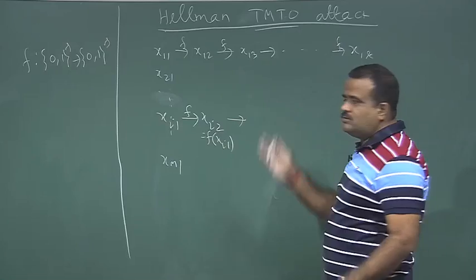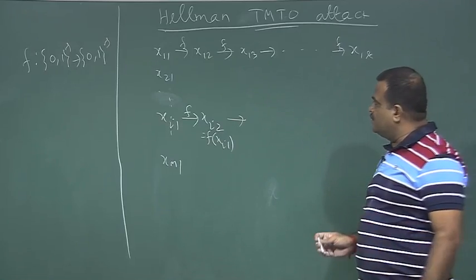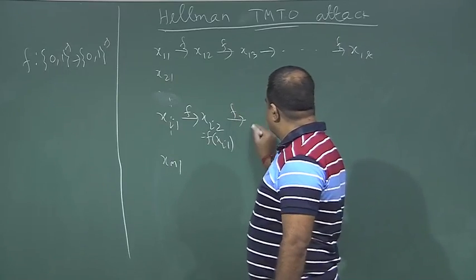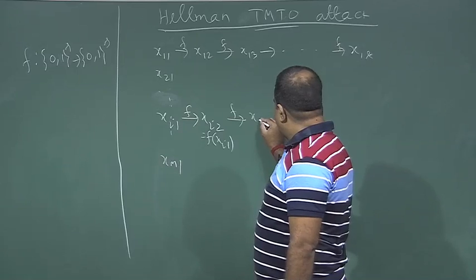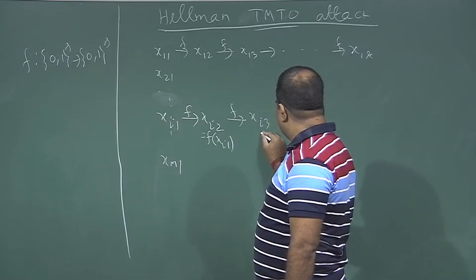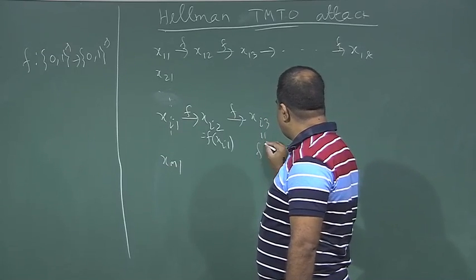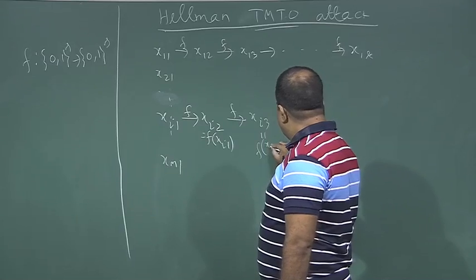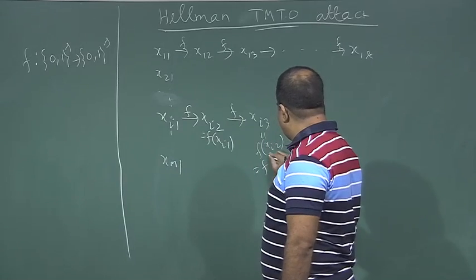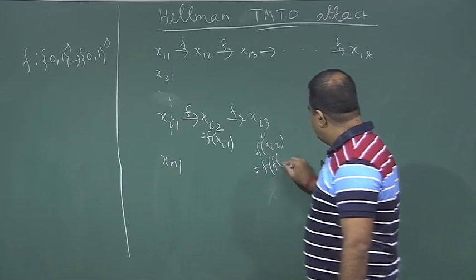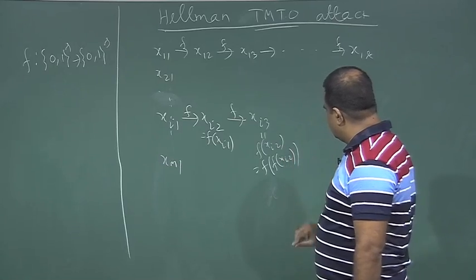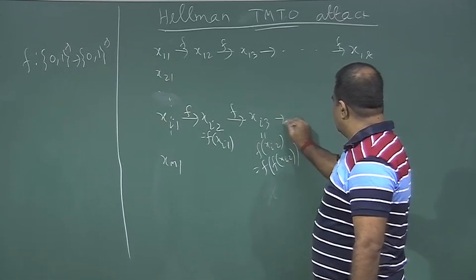So, again we apply f on it, and we get x i 3, which is f of x i 2, like this. This way we will continue.